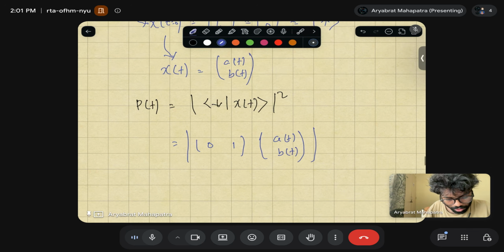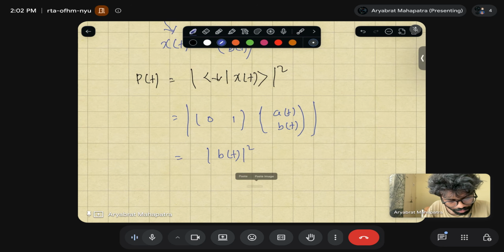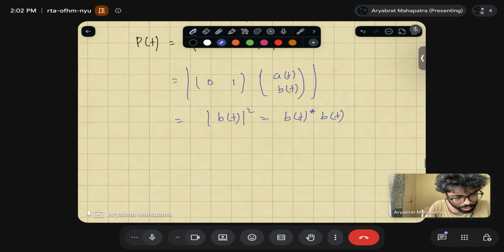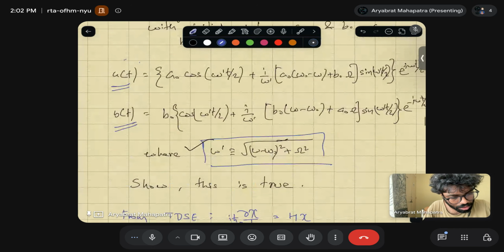And now this is basically your b of t mod square, or b of t complex conjugate times b of t. So now if you see, your b of t expression is already given here. So this is your b of t expression.